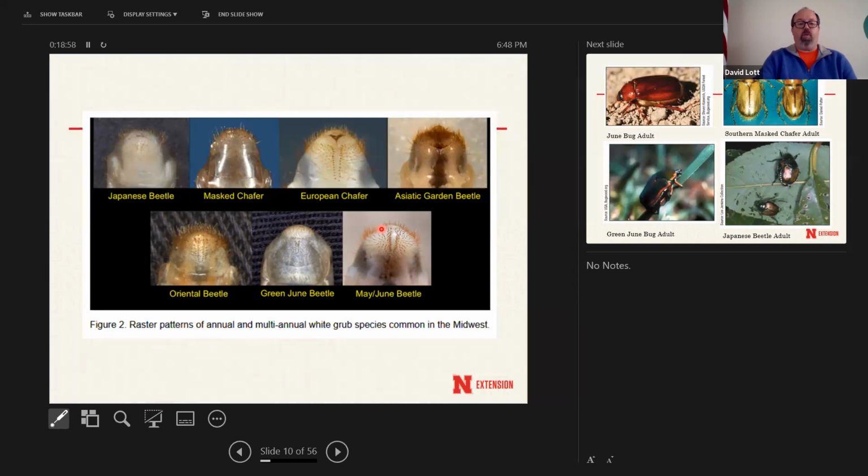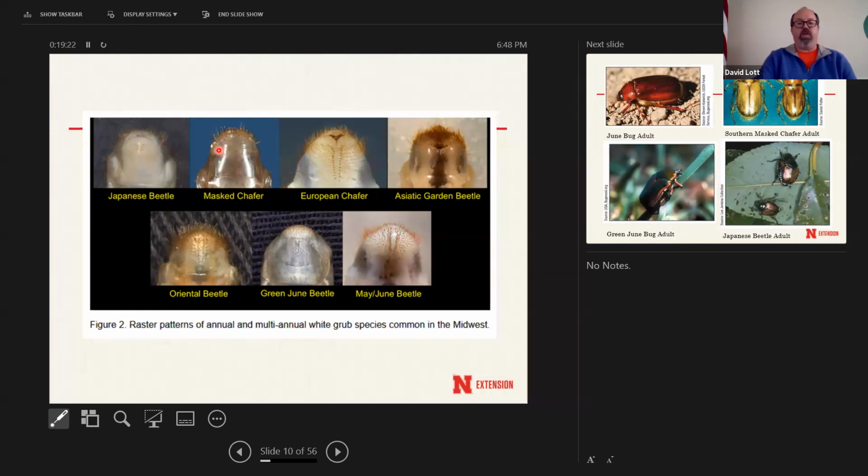The other one that will have that V shape, and it's more pronounced, is the Chafer. This is the European Chafer. It's got the cream kind of color, but it's also got this V up here that's different than your May-June beetle. Our other main offender is your masked Chafer.